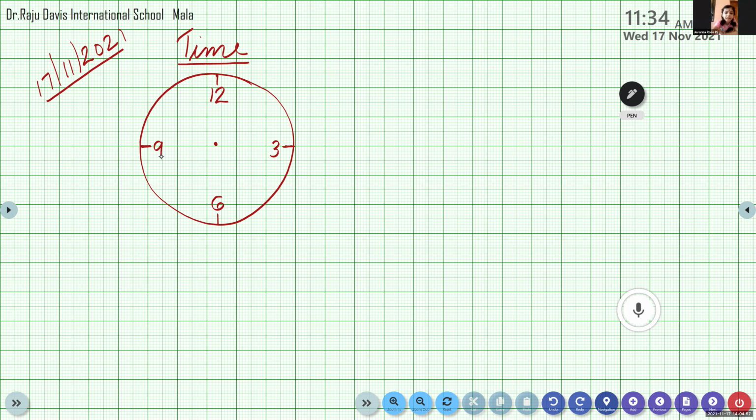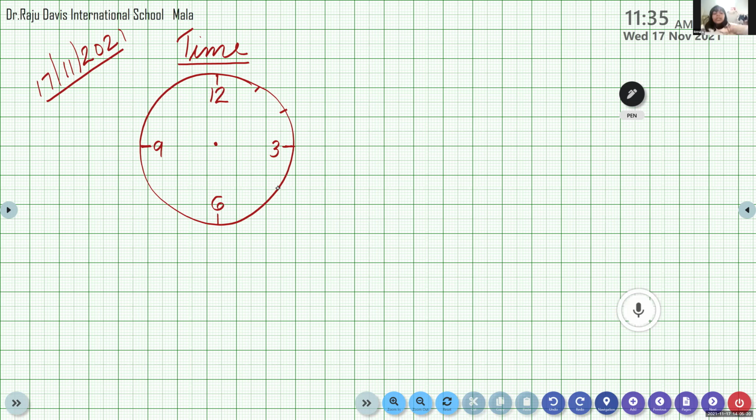Joanna Rose, late and come. Okay. Please start writing. Now 12 and 3 is middle. You have to mark 2 lines with equal distance. Then 3 and 6 middle, 2 small lines. Yes, my dear.